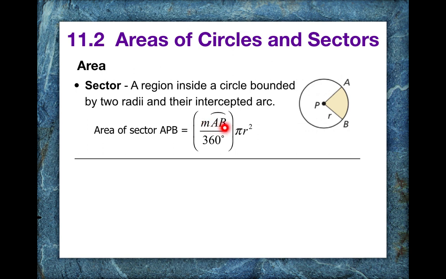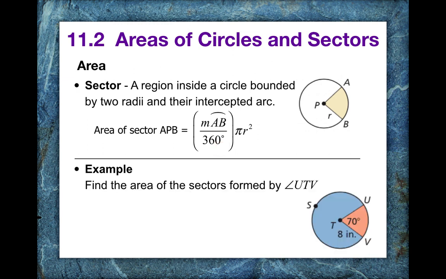So we have the arc angle AB, divided by 360. So then we'll use that to find this formula here.